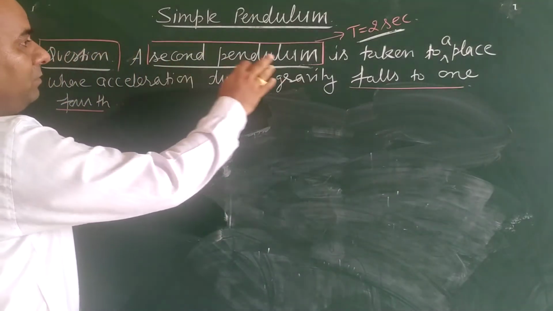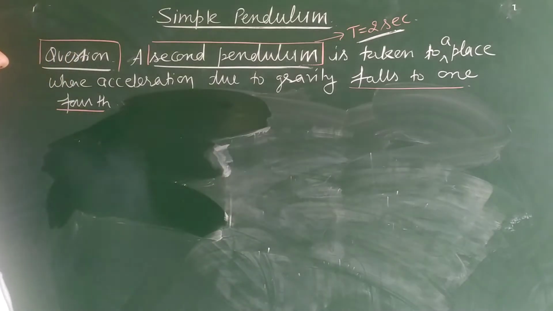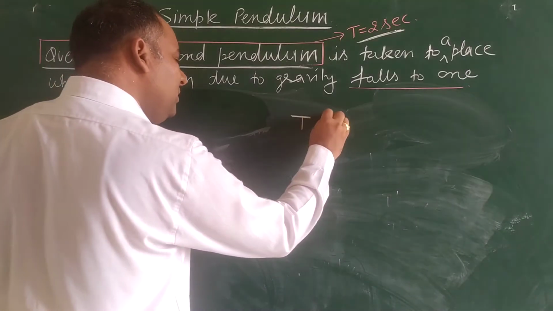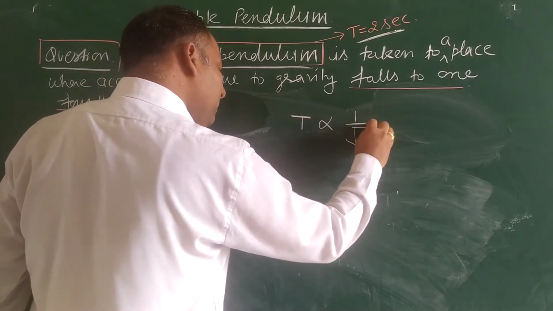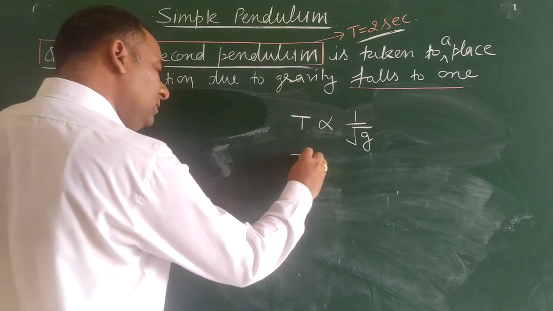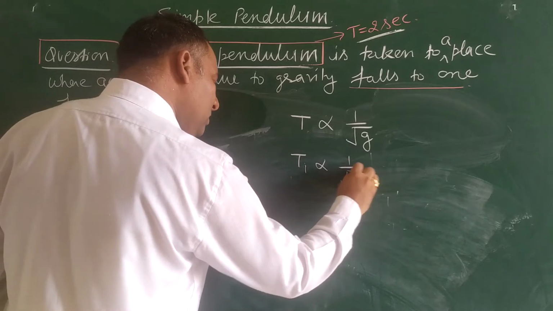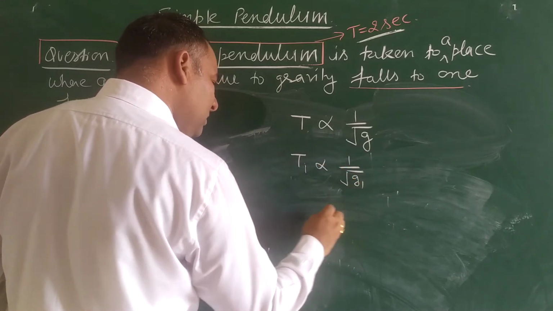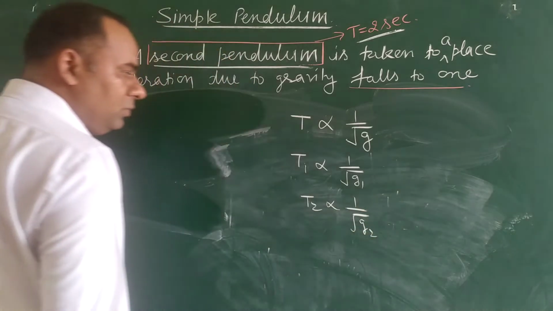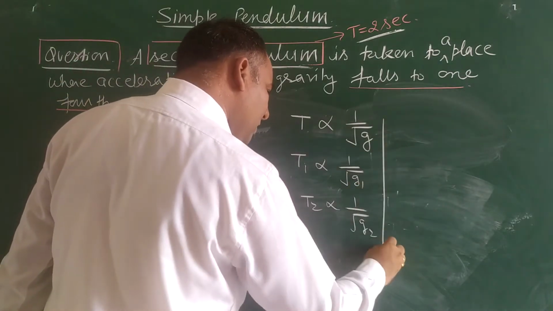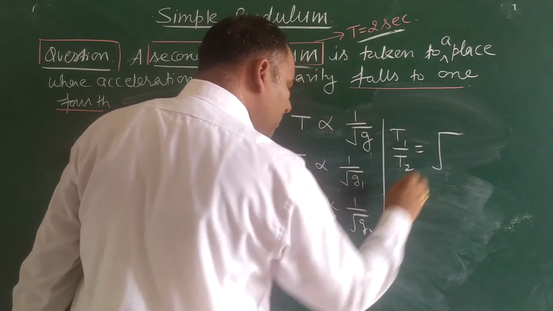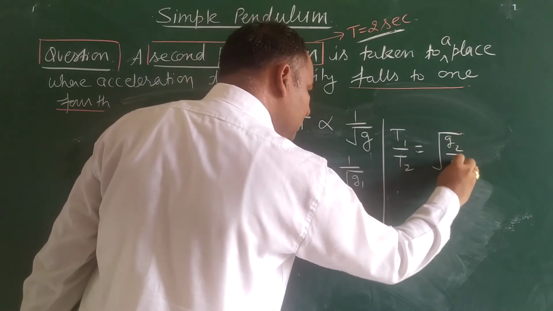Here the second pendulum is taken to a place where the acceleration due to gravity falls to 1/4. What is the relation between time period and acceleration due to gravity? There is an inverse relation. For the first place this is g1, and for the second place this is g2, and then the ratio t1 upon t2 is equal to under root g2 upon g1.